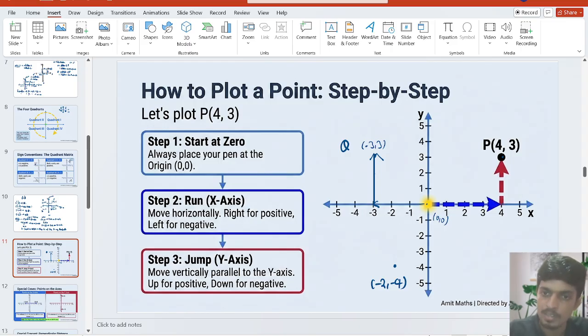We start with the origin, and since x is negative we move left, up to -2. Then y is -4, negative, so we move downward, as you see in your figure. So this will be (-2, -4). I hope it is clear to you.